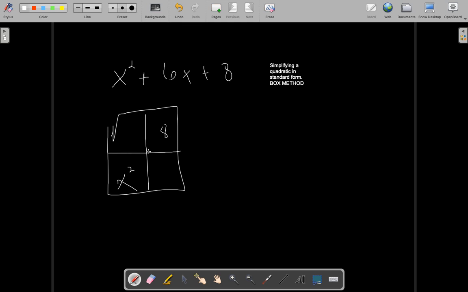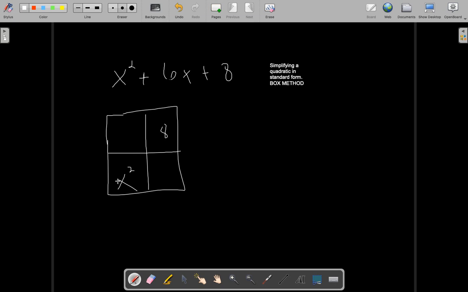The idea is that this box is a rectangle, so this side is an area, and this side is also an area. By filling in this box, we're able to factor this quadratic equation in standard form into two binomials.